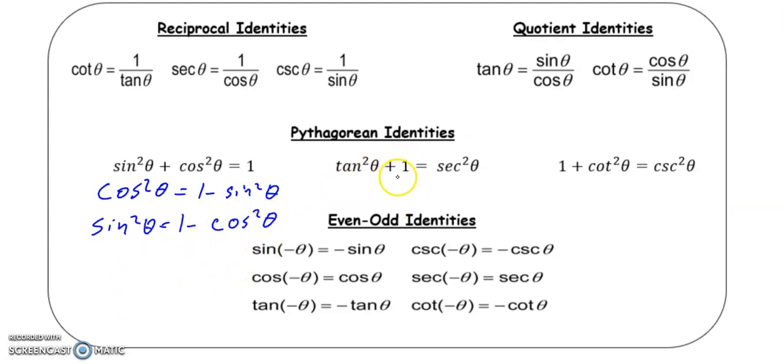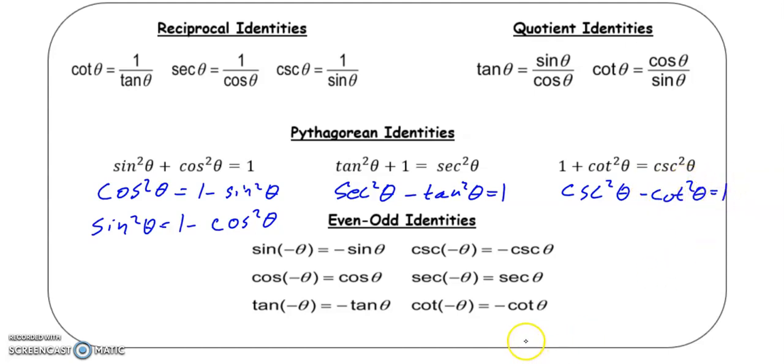We can do the same thing with our tangent squared theta and our secant squared. So we can say secant squared theta minus tangent squared theta equals 1. And again here, cosecant squared theta minus cotangent squared theta equals 1. Those are all true. We can move them all around.